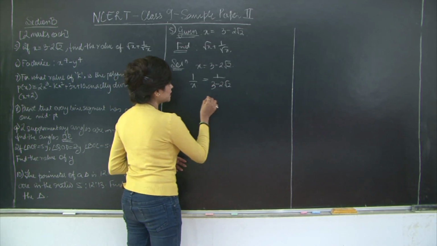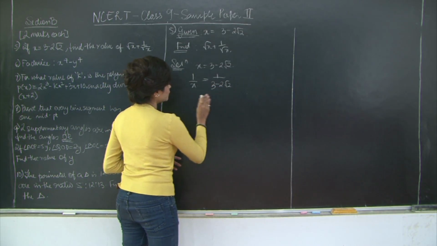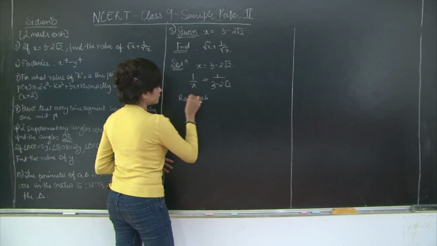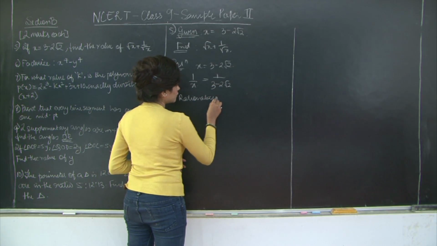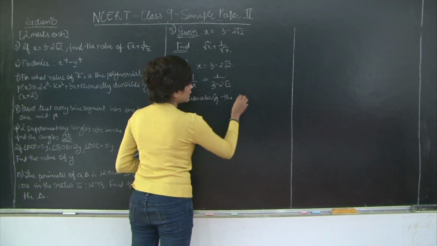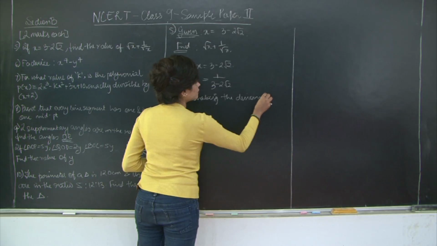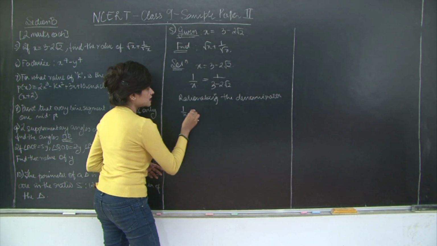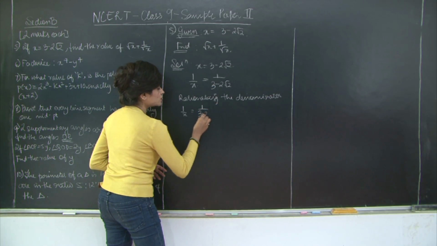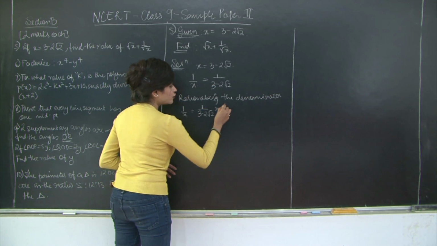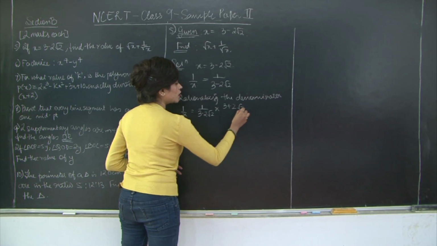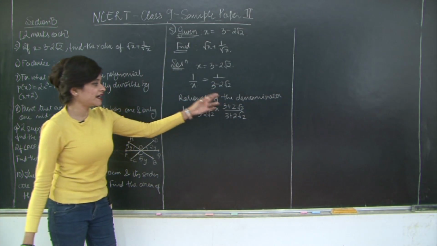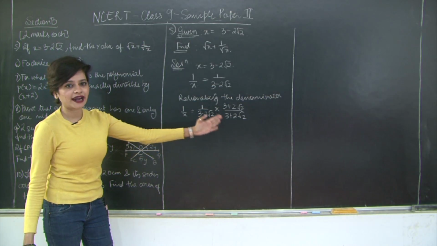So rationalizing the denominator, I get 1 upon x is equal to 1 upon 3 minus 2 root 2 into 3 plus 2 root 2 upon 3 plus 2 root 2. So I am just multiplying and dividing by the same number on my right hand side.